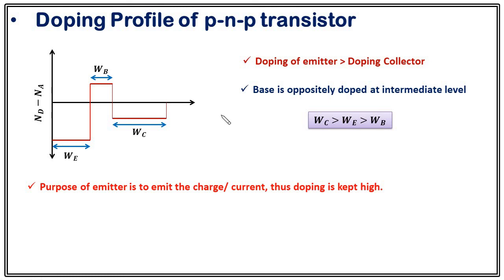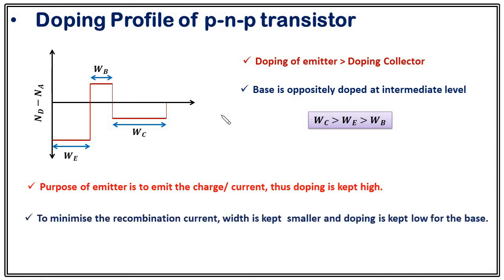To keep the current high, we have to dope it at a very high level. That's why the doping in the emitter is very high. Now, as current is injected from the emitter to the base, we have to minimize the recombination current because we want to collect as much current as we can at the collector junction.